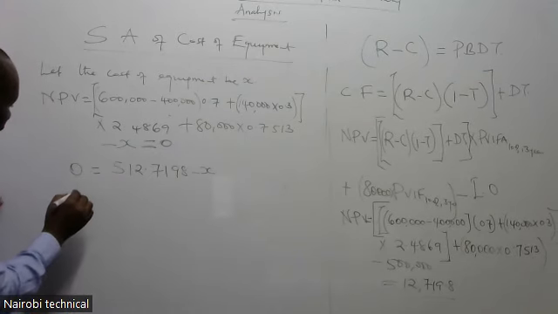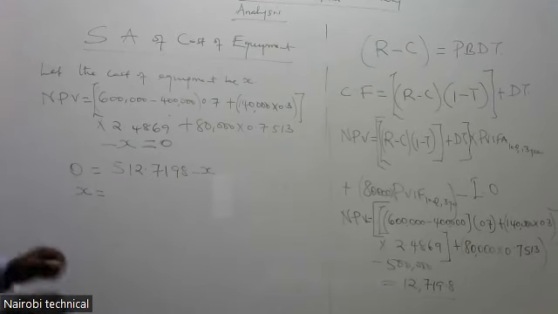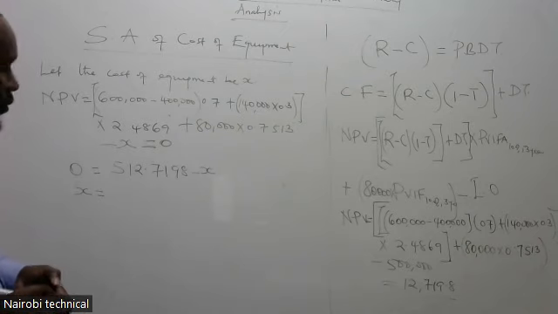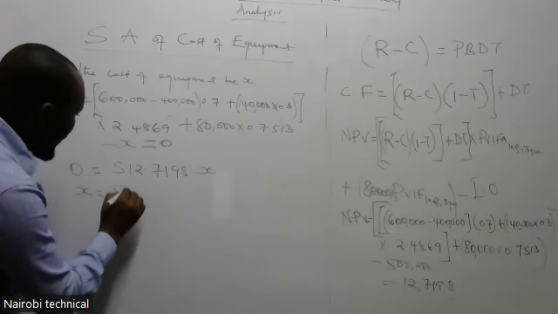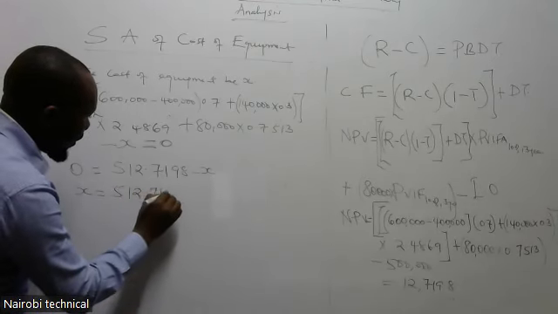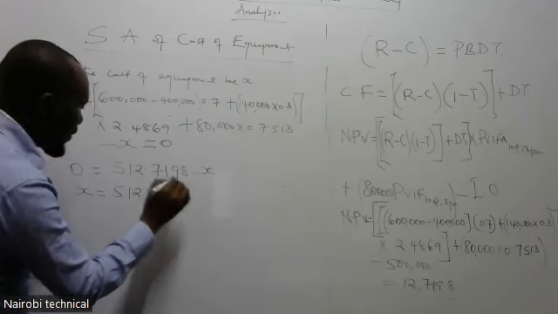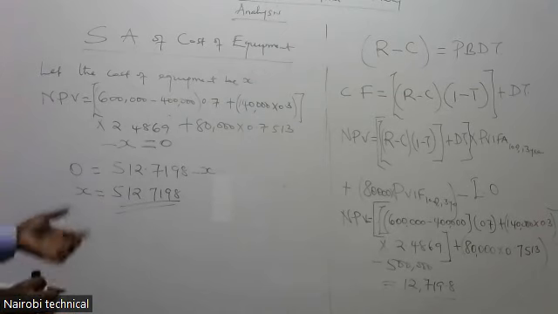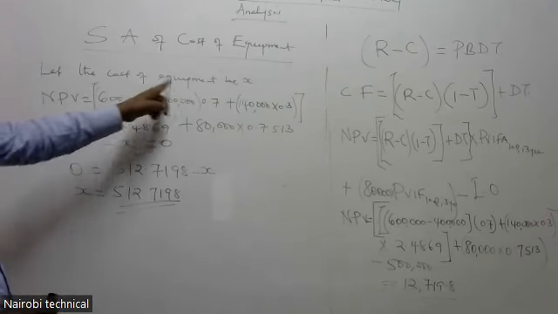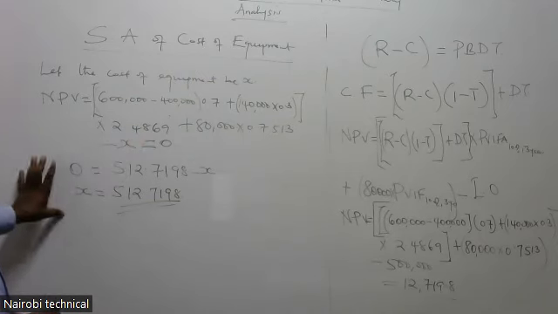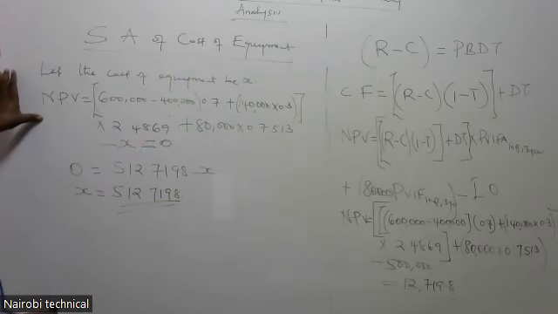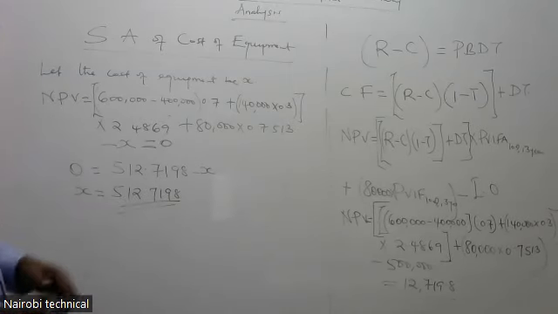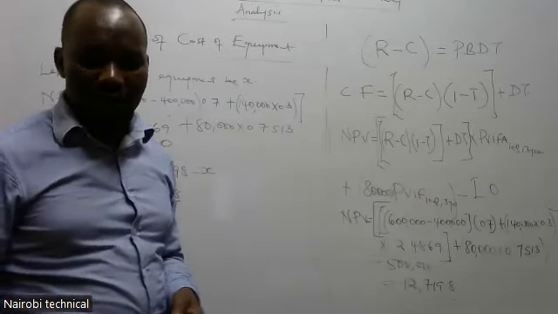Then this means that X is equal to 512.7198. And X was the cost of equipment. So the new cost of equipment when NPV is 0 is going to be 512. That is the new cost of equipment.